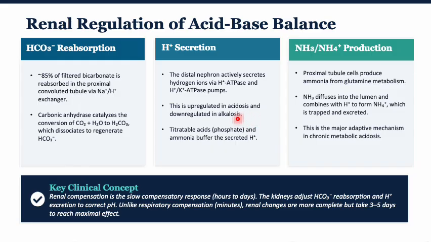So remember, like what I was telling you, if you have acidosis, your acid is high, you have excess hydrogen. In order to balance that, your body will secrete the hydrogen into the distal nephron so that it can be excreted out into your urine.